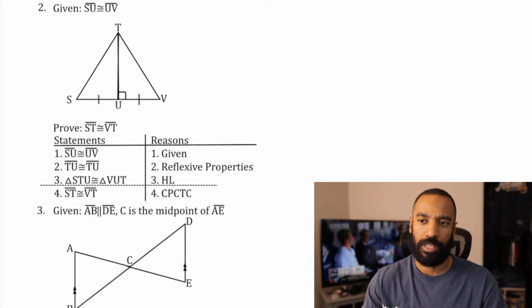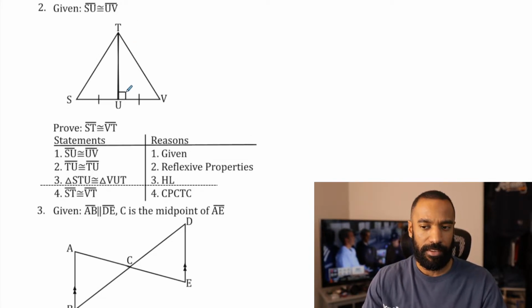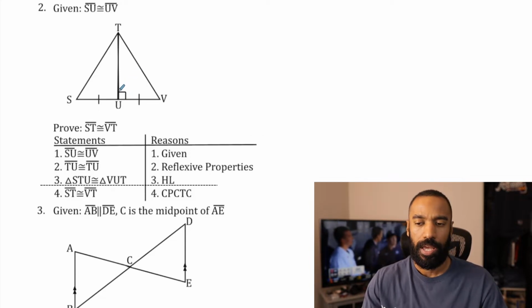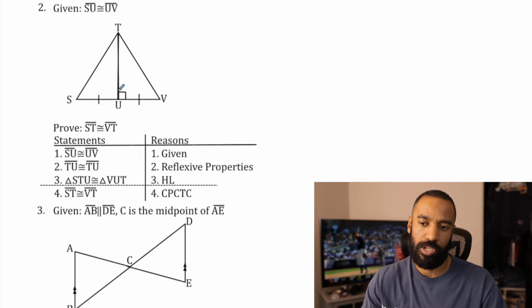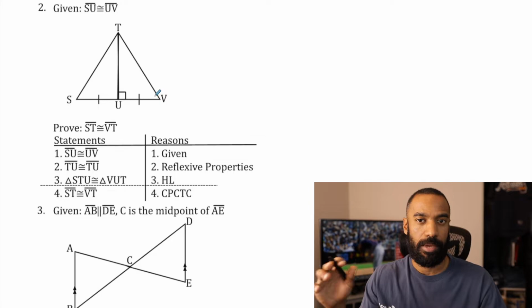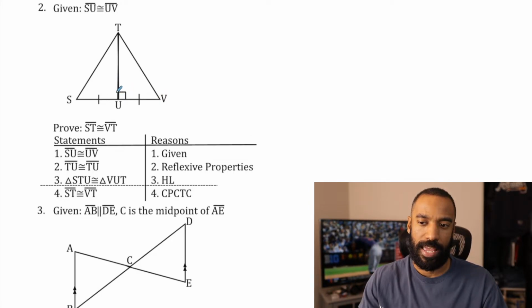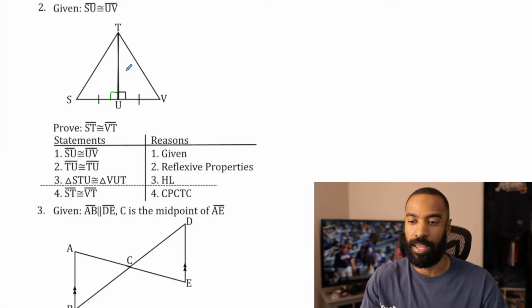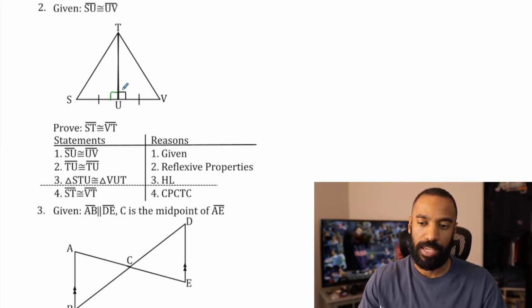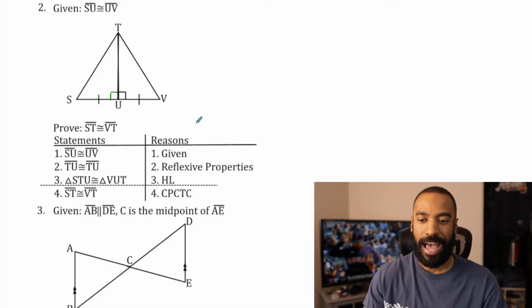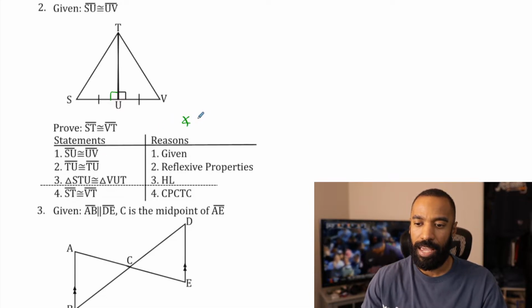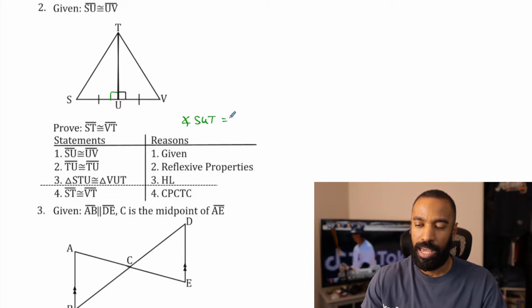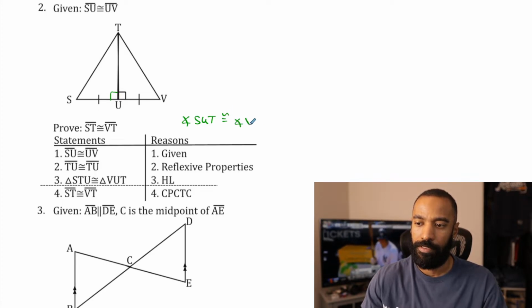I feel like they're really missing something, which is given right here, and you can say it a bunch of different ways, but you should really be documenting it: either saying this line is perpendicular to this line, or the statement after, which could say this is a right angle and this is a right angle, or to say that these two are congruent because all right angles are congruent. Bottom line is they're missing a case that should somewhere at least get to the point that says angle SUT is congruent to angle VUT.